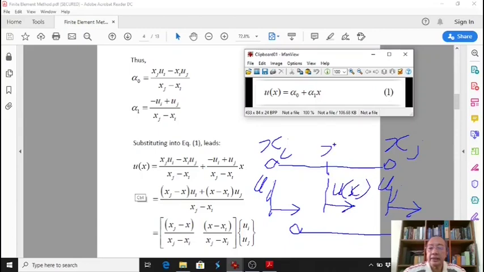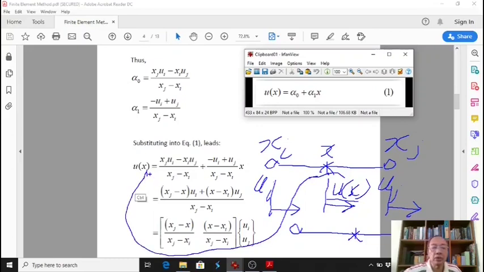The position here is x. So from this point to this point, the displacement is ux. u is the displacement at a position x, a function of x.